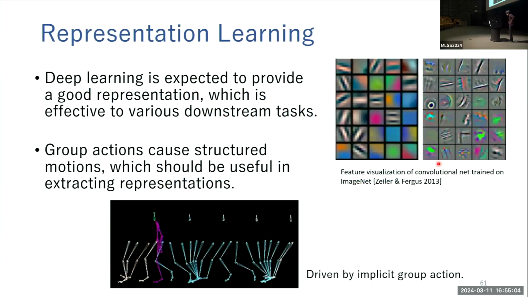I shift the topic to representation learning. As you may know, representation learning is a very important topic in recent machine learning, and deep learning is expected to provide a nice representation in the layer output, which should be effective for various downstream tasks like classification and other things.